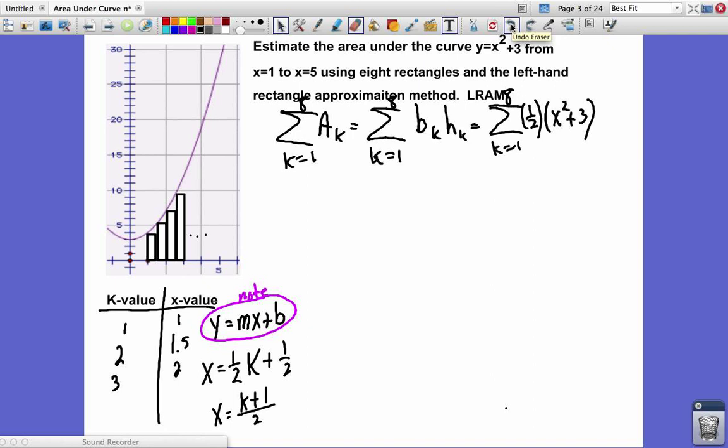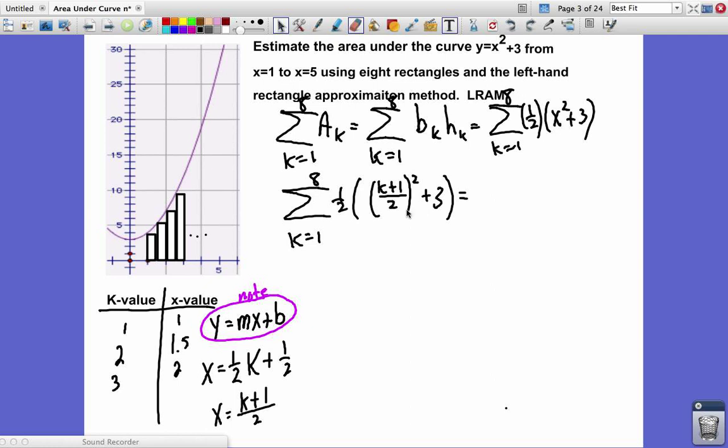We want to transfer it into k values. So right here where we see this x value in the equation, we're going to replace it with k plus 1 over 2. So by doing that substitution, the k plus 1 over 2 is squared, plus the 3, and we have the half out in front because that was the base.